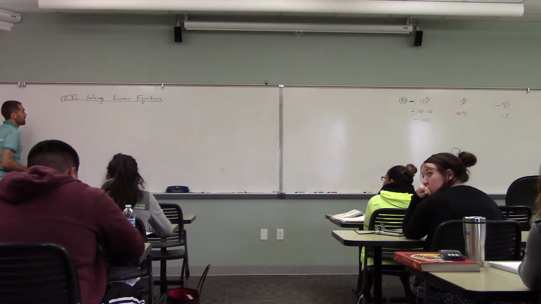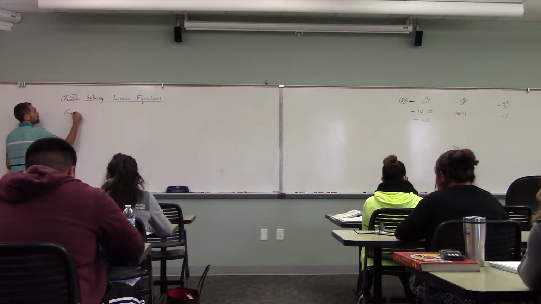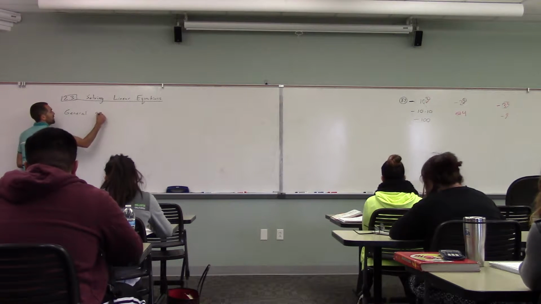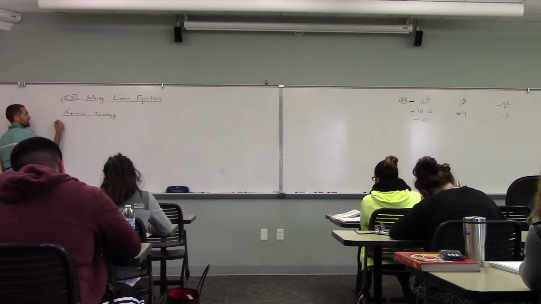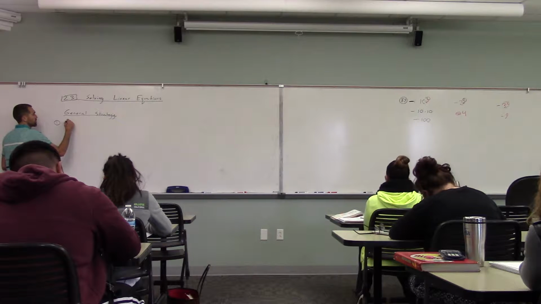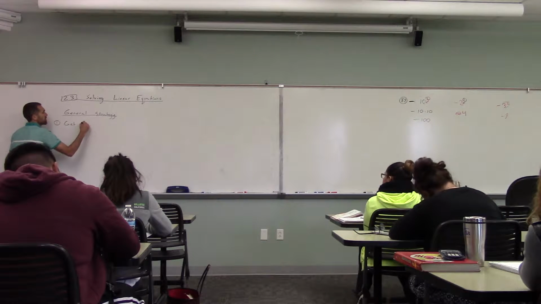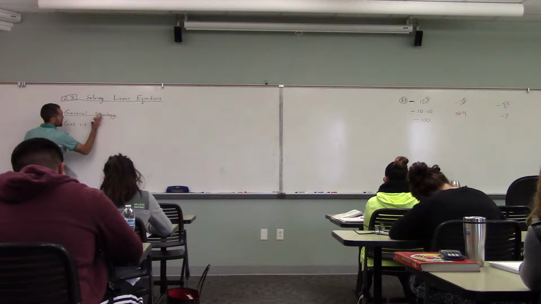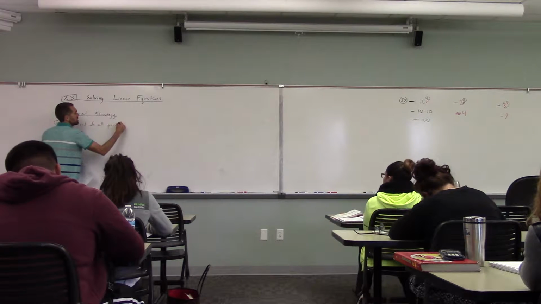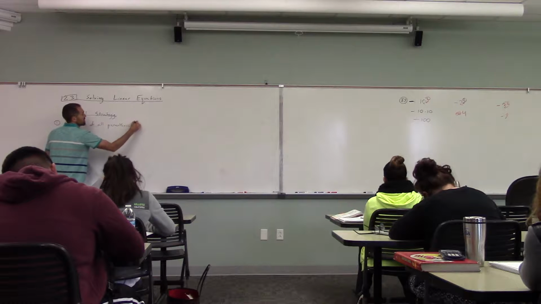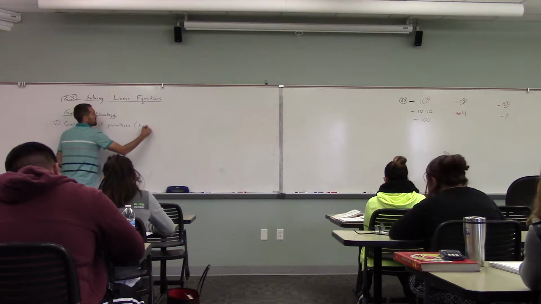Alright, so the first step in our general strategy, and I do a lot of general strategies, these are my own versions, my own wording, and this is how I see it. So first, we get rid of all parentheses. In parentheses, we distribute.